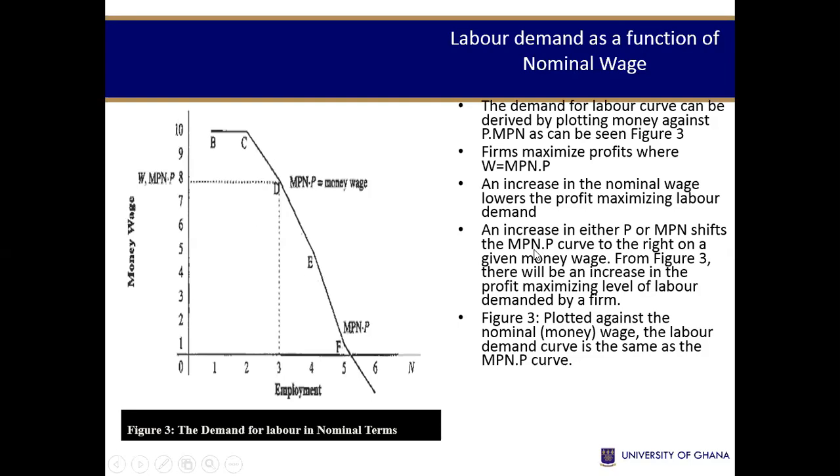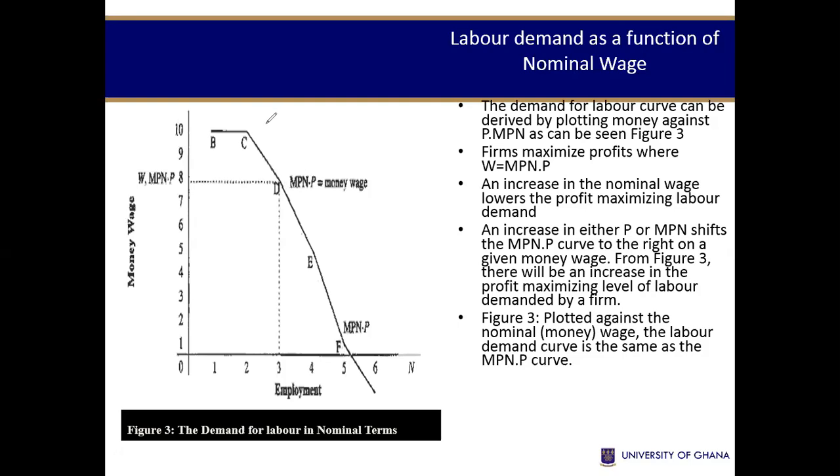What is going to happen if there's an increase in either P or MPN? This curve is going to shift. If there's an increase, this thing is going to shift to the right, which means that at the same money wage, now we can hire more labor. Now, just assuming, can I even draw? Let me see.